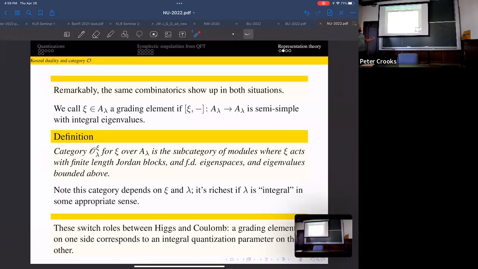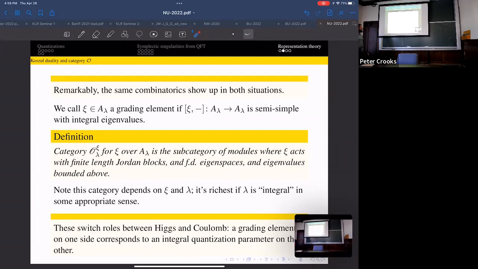Given that, I can define a category of modules where this grading element has finite length Jordan blocks, finite dimensional eigenspaces, and eigenvalues that are bounded above. I mean in the real part, since they could be complex numbers. And this category depends on two things: which quantization I choose, and my circle action.